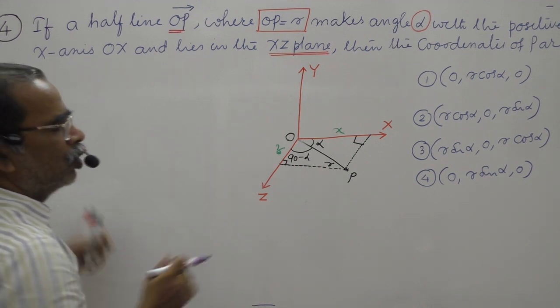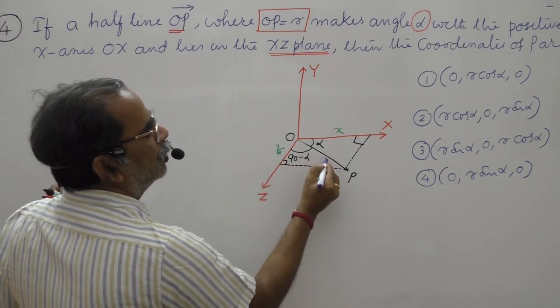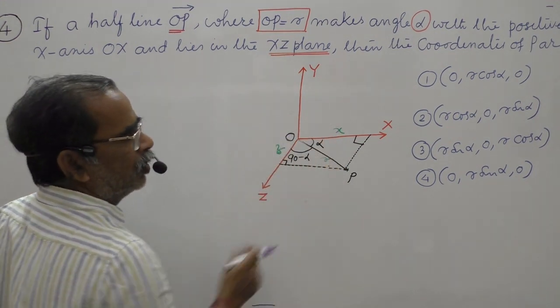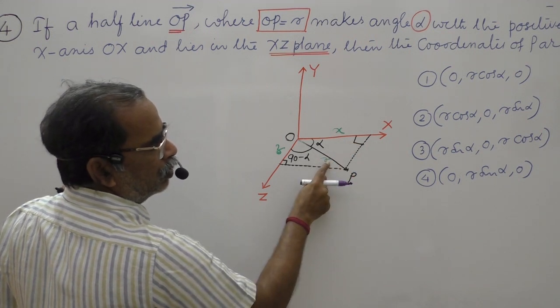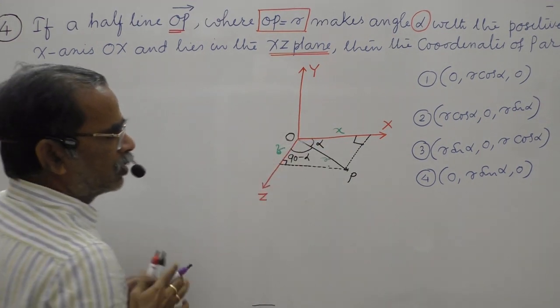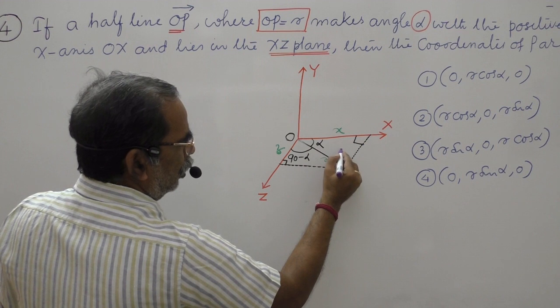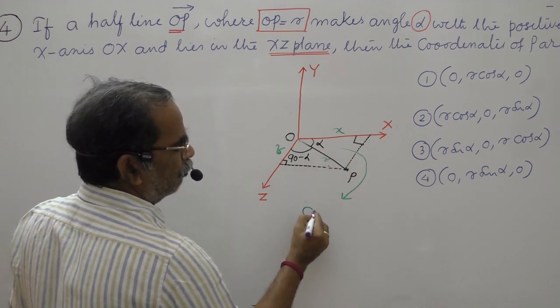Okay. So in this right angle triangle, we know this side is R. We want this side. It is a right angle. The side opposite to this is the hypotenuse. For this it is the adjacent side. Therefore in this triangle I will take cos alpha.